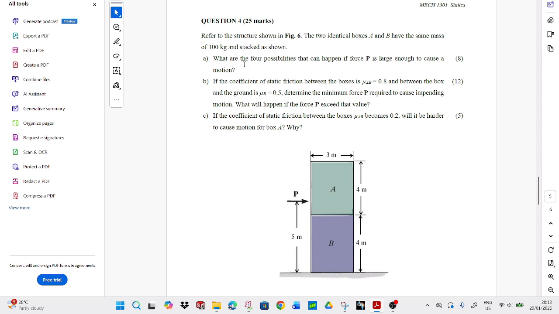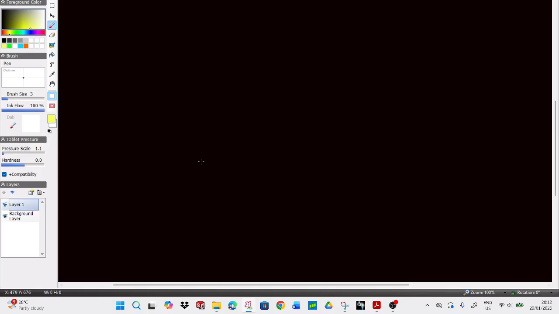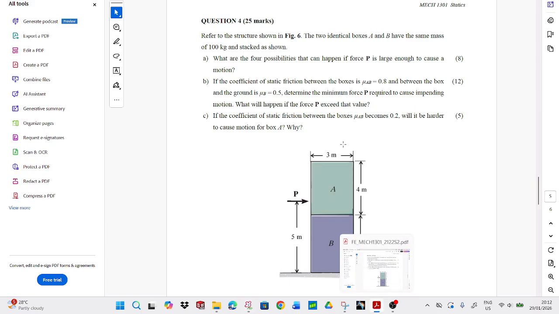Question part A asks, what are the 4 possibilities that can happen if force P is large enough to cause a motion? So let's discuss this. For part A, the question is asking what's likely to happen, what are the 4 possibilities.